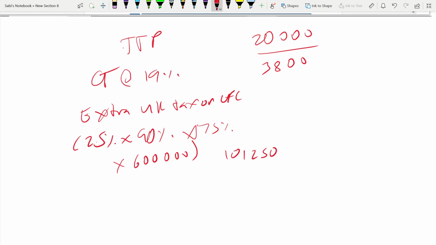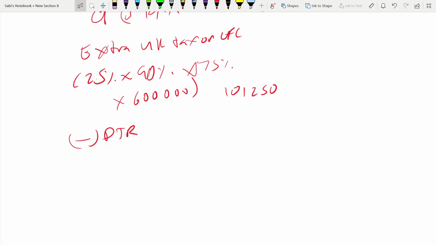You deduct double taxation relief, DTR, for tax suffered in Maxia. So how much is the tax suffered in Maxia? They told it's 5% corporation tax, into 90% you hold in the CFC. Always you are holding a portion, into how much is caught by CFC legislation, only 75%, into 600,000 the profit. Here you don't have to do the lower of overseas tax suffered and UK tax.